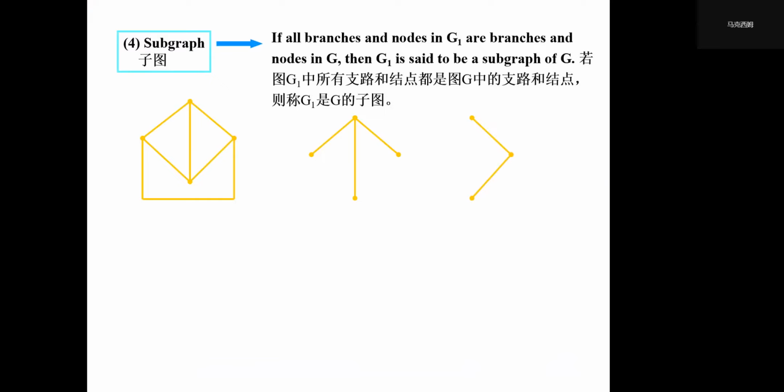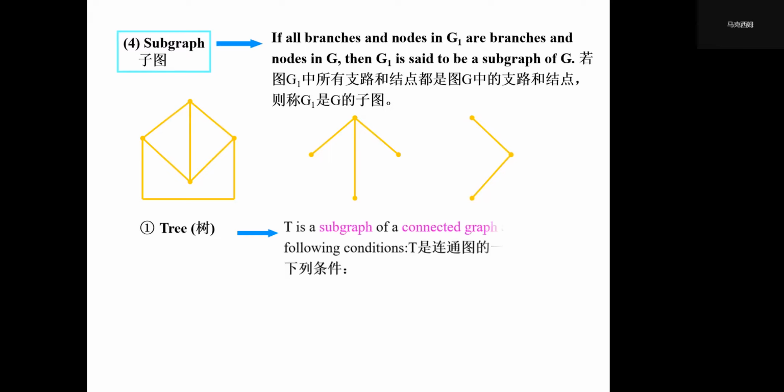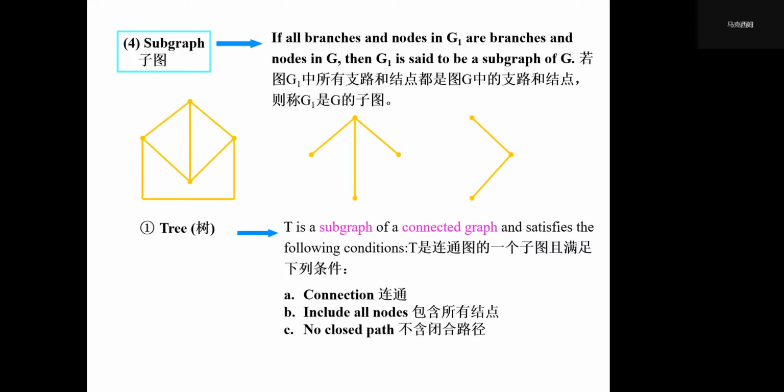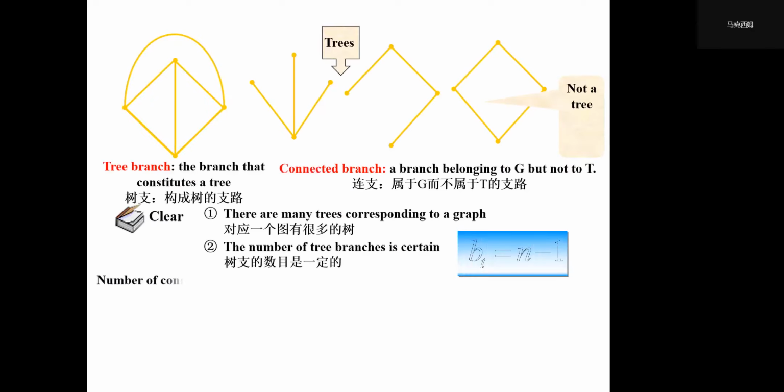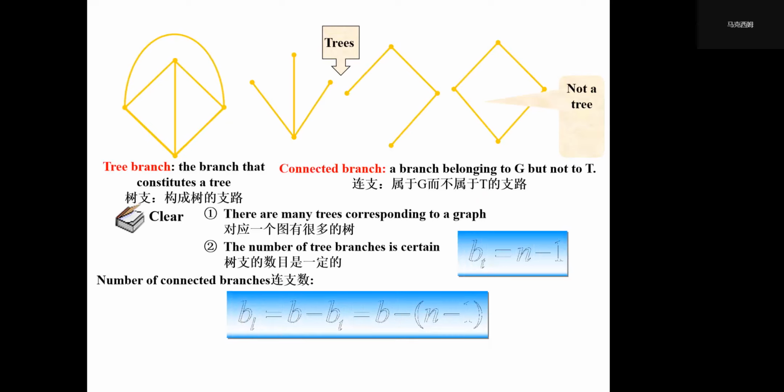We also know what a tree is and what a subgraph is, what a connected subgraph is, and we also talked about tree branches and other branches.